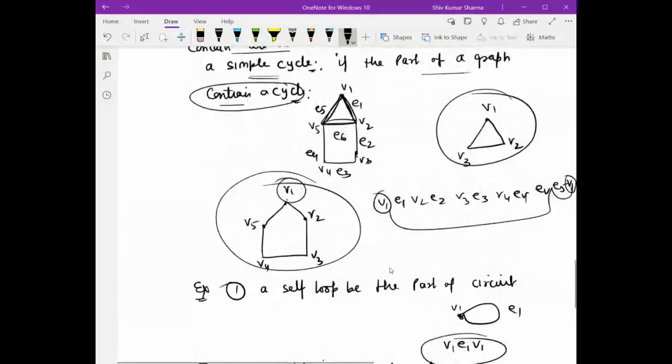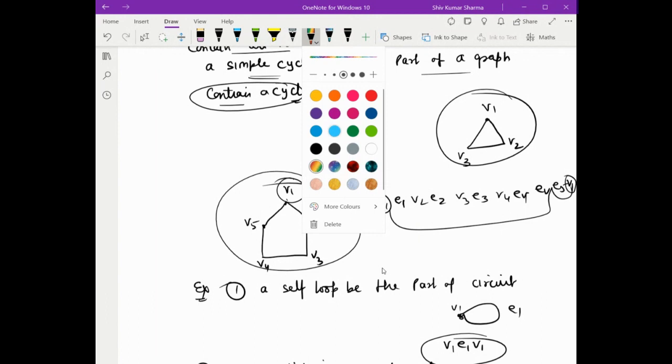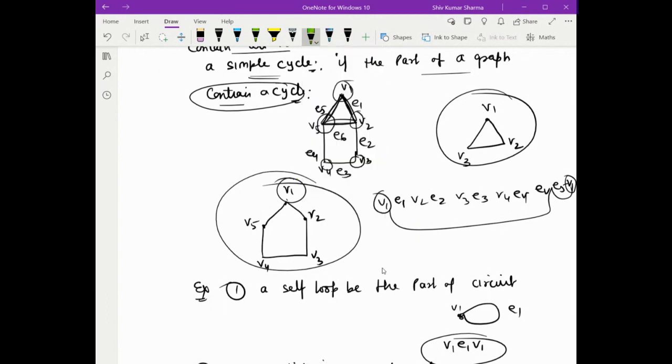Here you can see that the degree of this vertex is 2, the degree of this vertex is 3, and the degree of this vertex is 3. Otherwise, all vertices have degree 2. So if you choose this type of graph, where every vertex has degree 2, this vertex has degree 2, this vertex has degree 2, this vertex has degree 2, this is an example of a circuit.